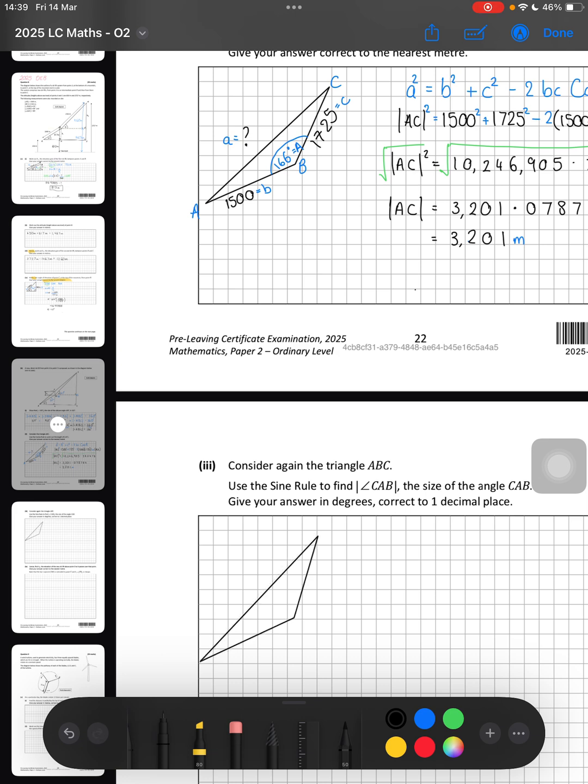So again, I have an angle here of 166 degrees, and they want the angle from C to A to B, so they want that angle there. I can call it alpha, I can call it theta. Now when I am using the sine rule, the key thing is, and we can see this when we look at the sine rule.